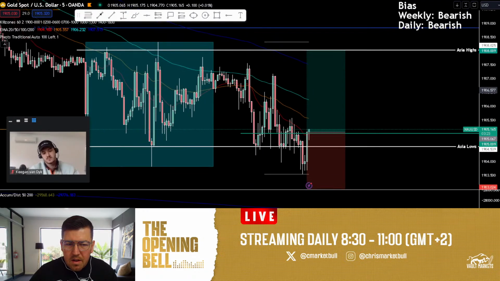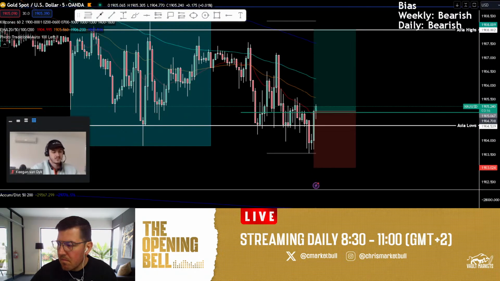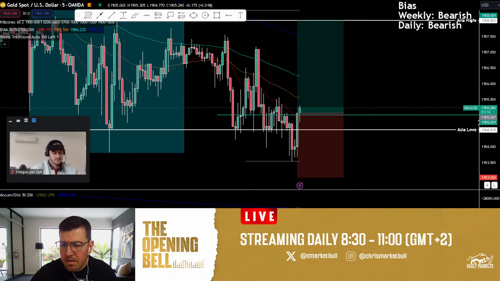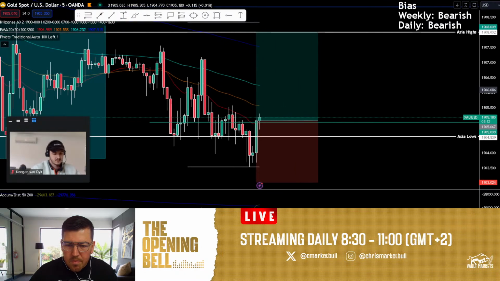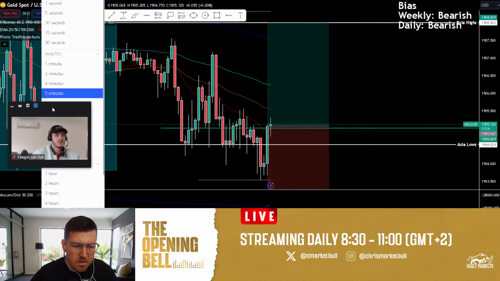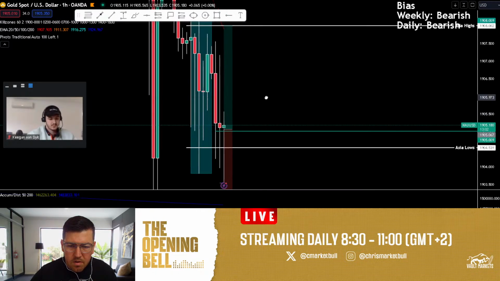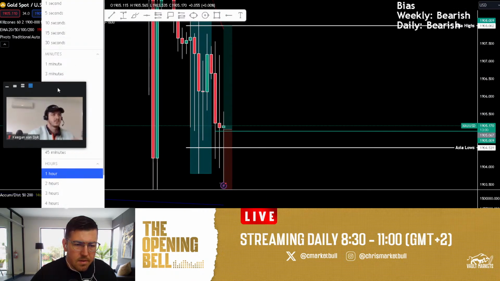So I now want us to take Asia highs round about 1908, and if we can do that, that would be pretty nice. So let's see what happens. 15 minutes for this hourly candle closure. And let's see if we can actually hold on the hourly.